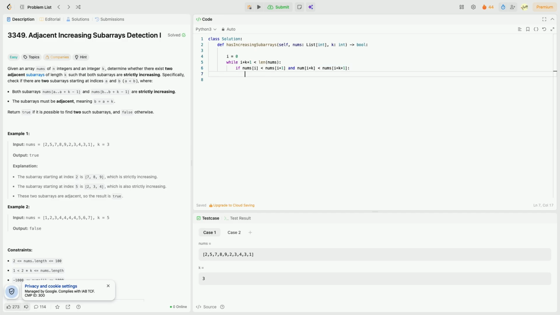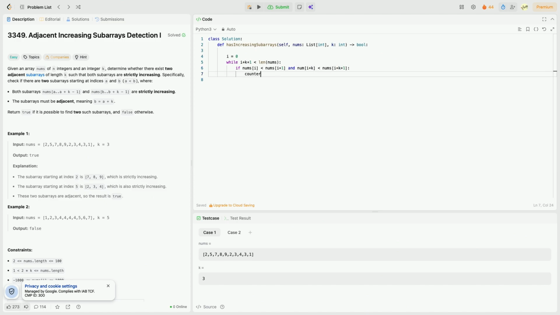Well, in this case it means we found that we have two consecutive increasing numbers at the current position i and i plus 1, and also at position i plus k and i plus k plus 1.